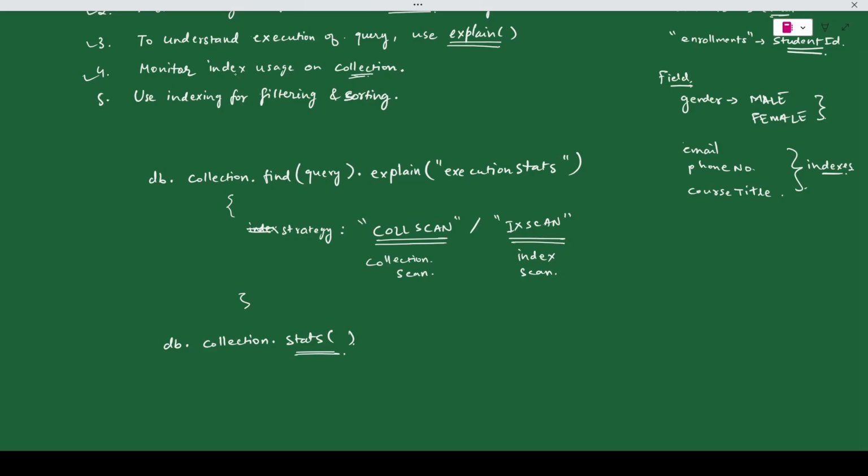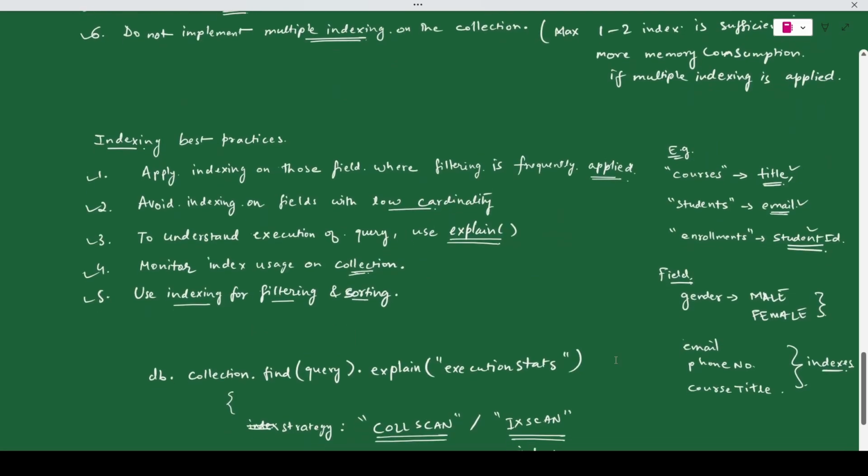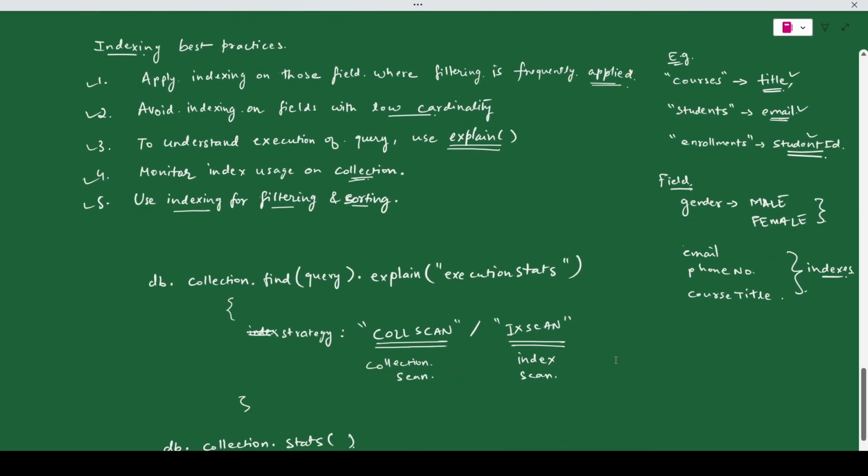So we can regularly monitor using this stats method. And we can use indexing for filtering and the sorting purpose. So this is the general purpose of the indices. So yeah, these are some of the best practices which we can follow for the indices.